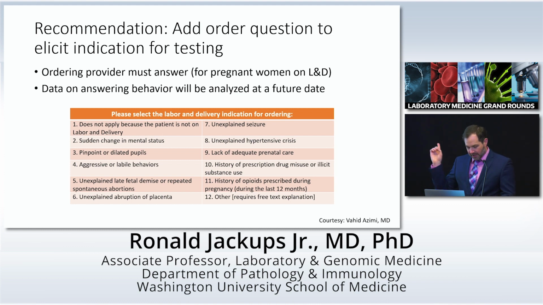And I don't have the data for you here, but I can say that in black mothers, there is a very enriched response for lack of adequate prenatal care. So is that accurate? Is that true? Or is this the pathway to just explain something that you wanted to do anyway? That's our next step. So I think this is a very promising direction for us.